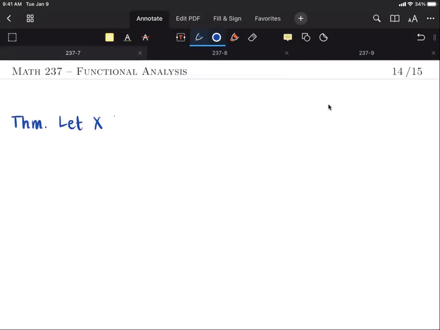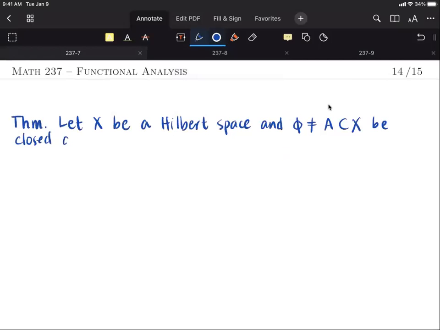So let X be a Hilbert space and consider a non-empty subset A of X to be closed and convex. Then, for each x in the Hilbert space, there exists a unique point.